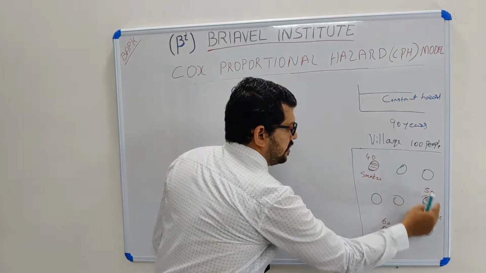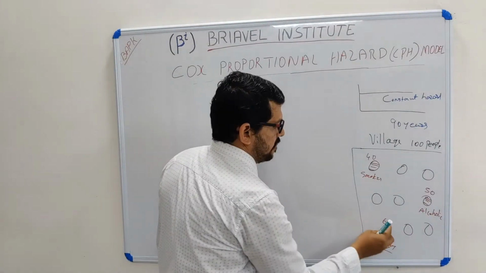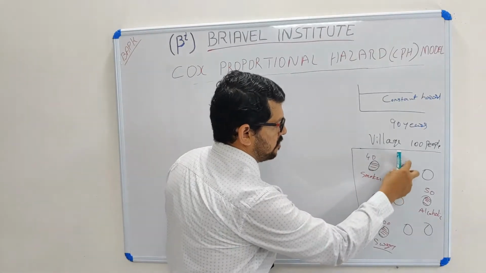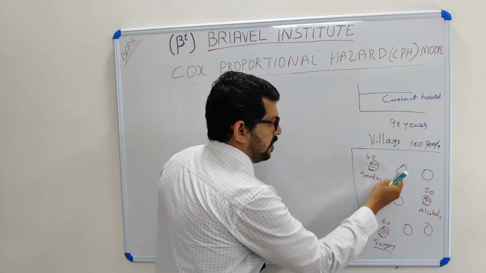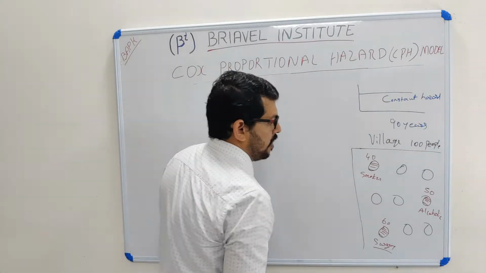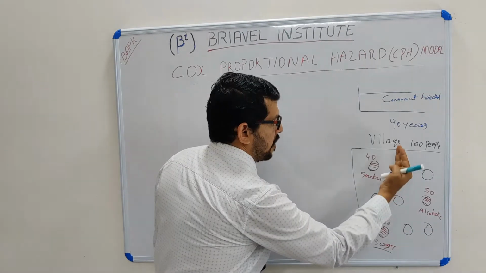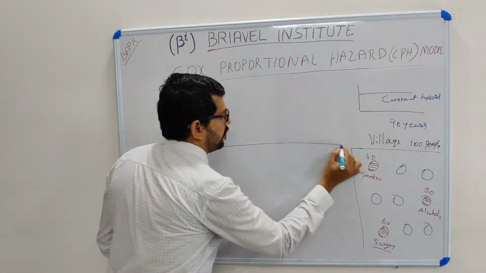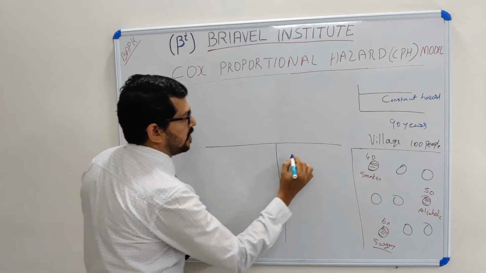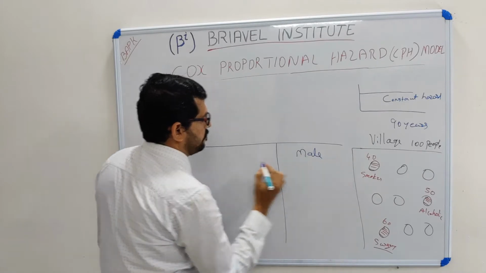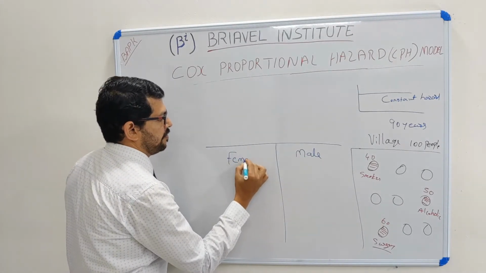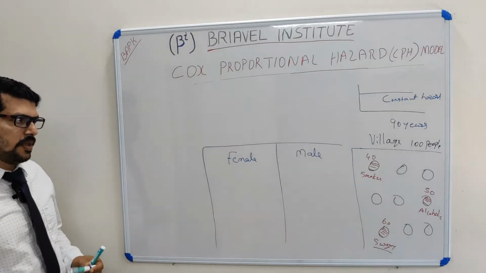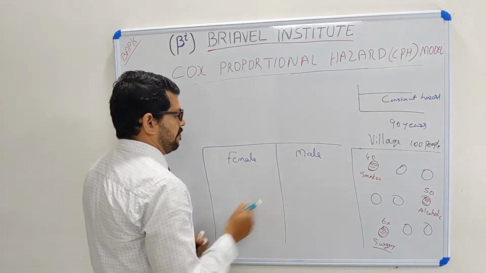There is heterogeneity in nature and in character. Different people have different characters. This person is a smoker, this person is a non-smoker and non-alcoholic and may live 90 years. So based on these different characters, I am going to divide these 100 people into different groups.